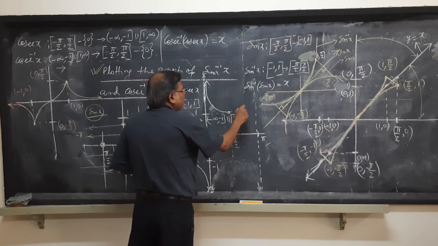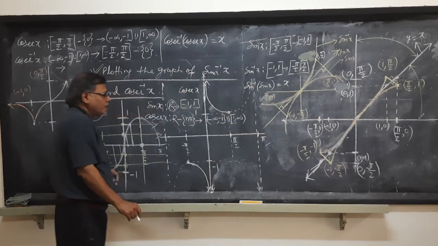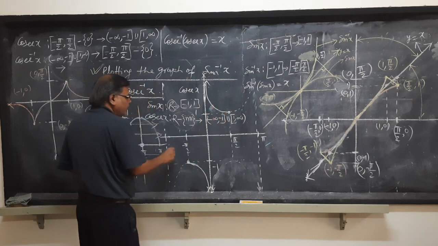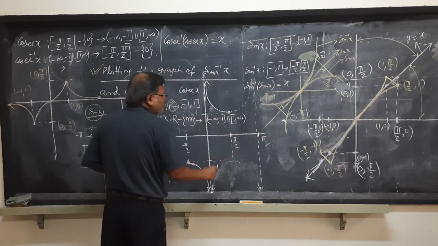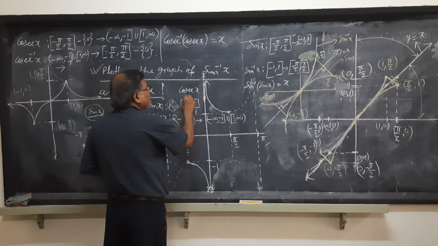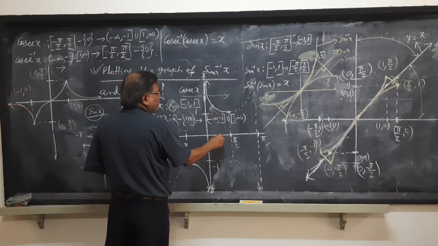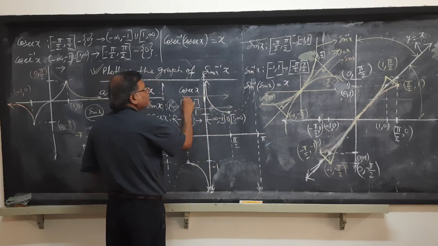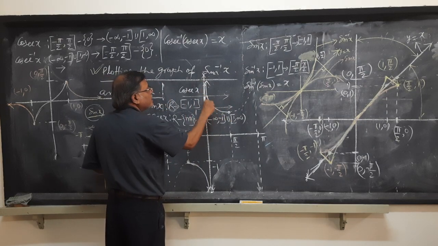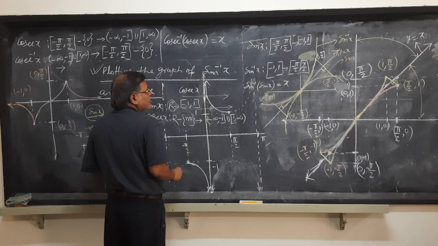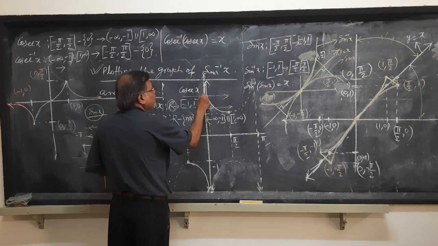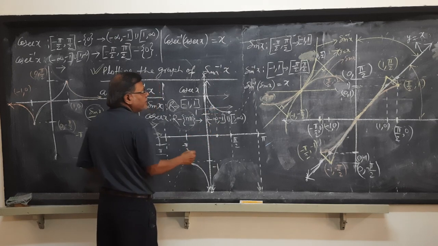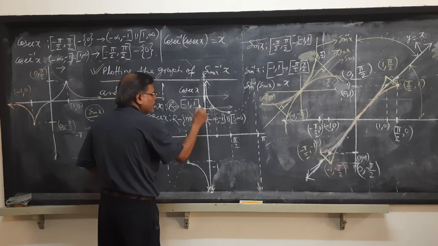So if we restrict the domain from -pi/2 to pi/2, then again if you keep on drawing lines parallel to the x-axis, you find that this parallel line intersects the cosec curve at one single point over here and one single point over here. Similarly, from here on the x-axis, one single point and one single point over here.